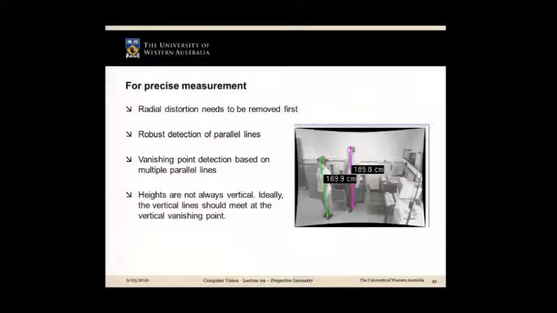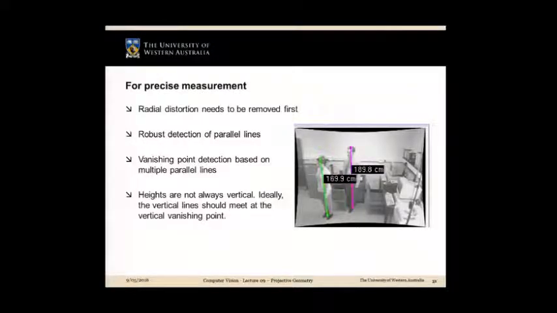Now, vanishing point detection based on multiple parallel lines. You don't just use two parallel lines to find a vanishing point. You should find a set of parallel lines and then use those parallel lines to find a vanishing point. That will ensure that this point is more reliable in an image, right? And then, heights are not always vertical.